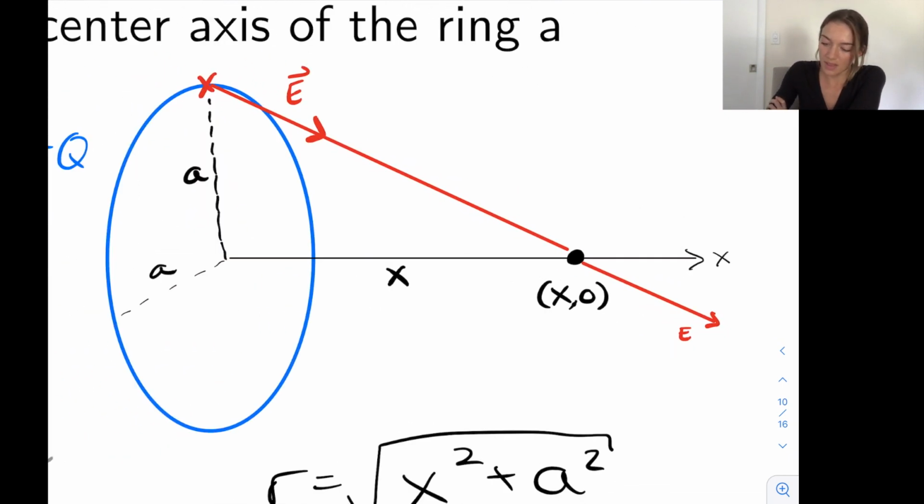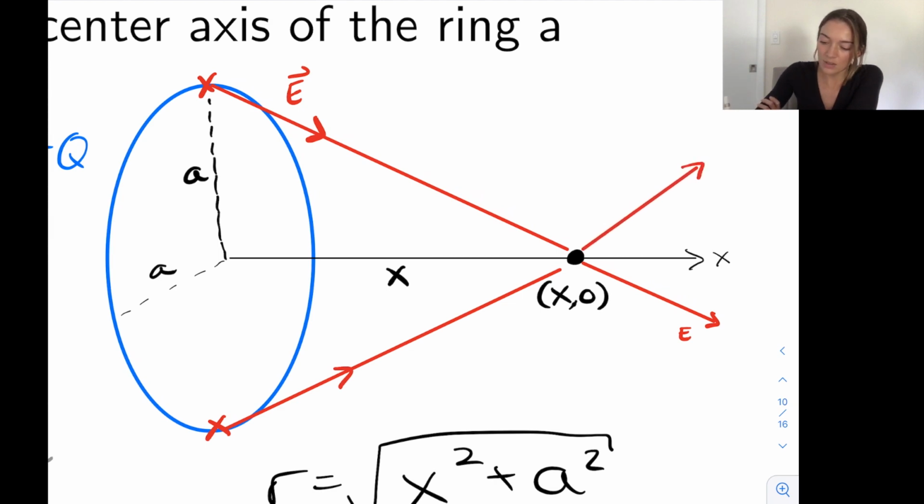Now, this charge up here has a corresponding charge down here that's going to have an electric field contribution in that direction, right? And then if I extend it out, it looks like that.